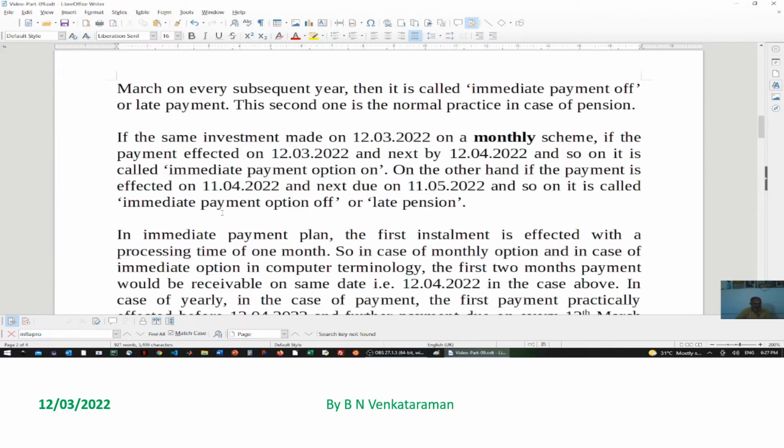Now, if the same investment is made on 12th March 2022, that is today, in a monthly scheme, and the payment is effected on 12/3/2022, that is the same day of the policy, and the next one month later, that is 12/4/2022, and so on, it is called immediate payment option on.